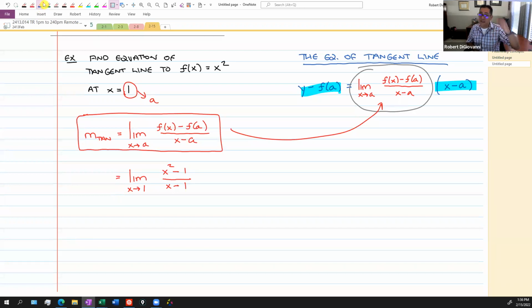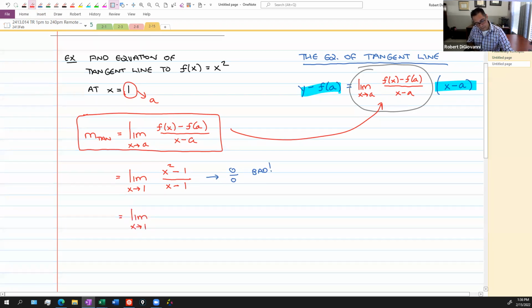Since this is a limit, we do what we did in chapter 1. We just do direct substitution. We plug in 1 for x, we get 0 over 0. This is bad, and now we need some algebra. The algebra we need here is pretty straightforward, would you all agree? Difference of squares: x plus 1 times x minus 1 over x minus 1.